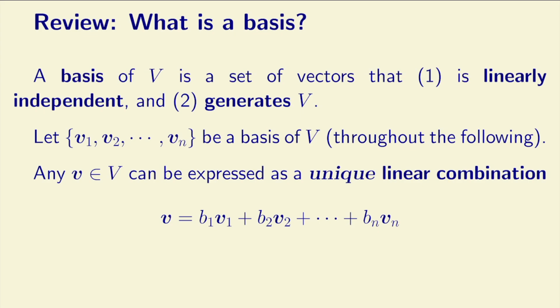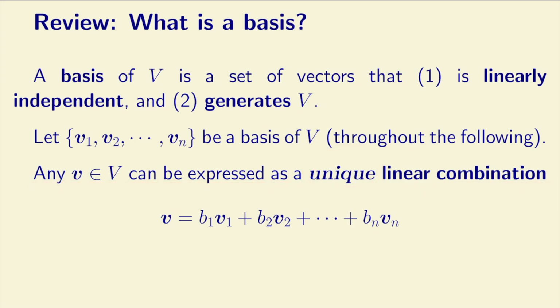Review. What is a basis? Correct. It reminds us that a basis is a set of vectors that's linearly independent and generates the entire vector space. And if we have a basis, say v1, v2, v3, all the way to vn, any vector v in V can be expressed as a unique linear combination of those basis vectors.